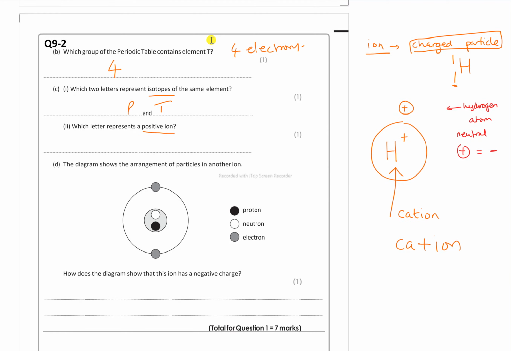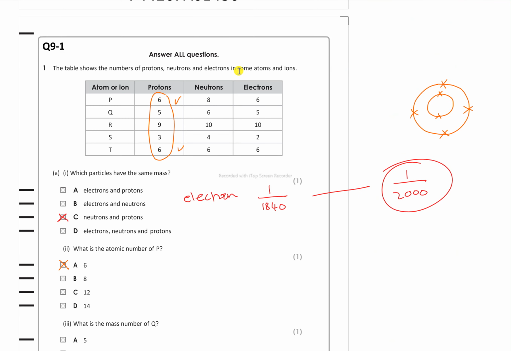Right, we need to go up, have a look. We need to find out which one's got less electrons than protons. Right, we know them two are the same. We know them two are the same. No, them two are the same. So it can't be them straight away, yeah? Let's get rid of that.